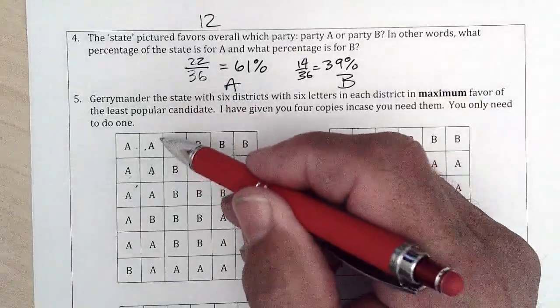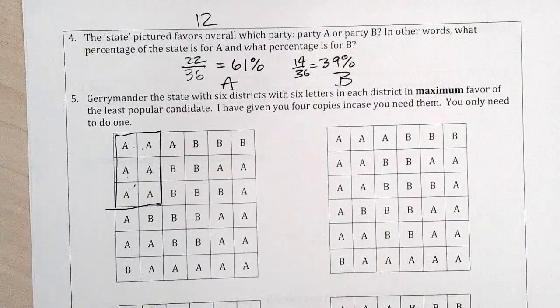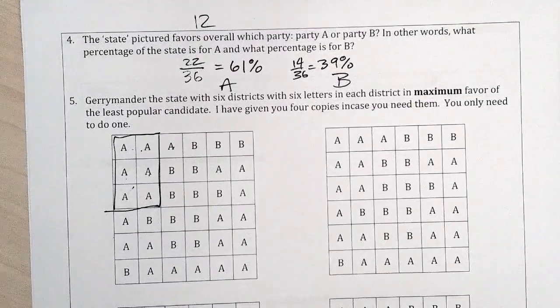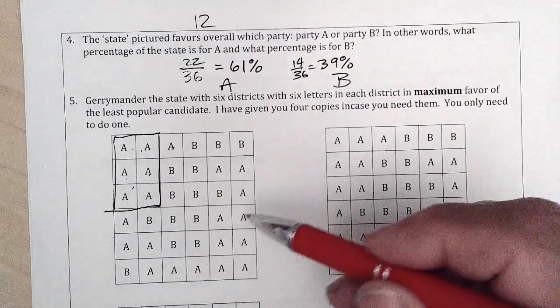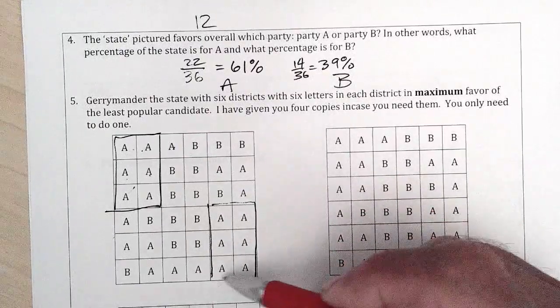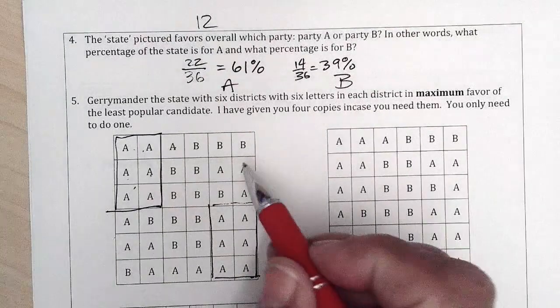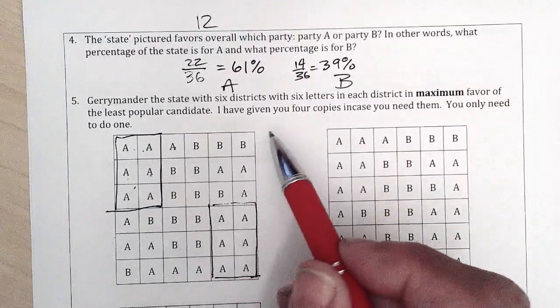So got to have 6. So here's A with 6. Let's see. And can I get another A with 6? Oh, I look right here. And now I should be able to get B to win some of these. Let's see how many I can.